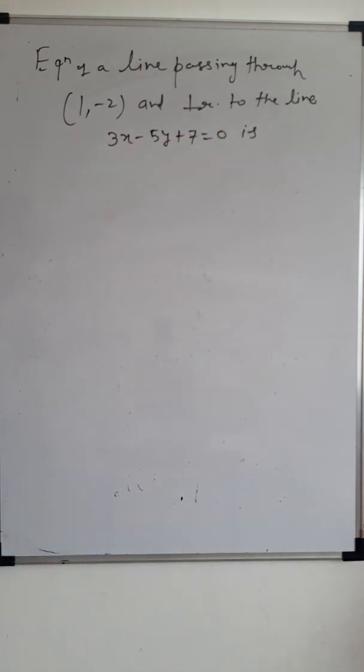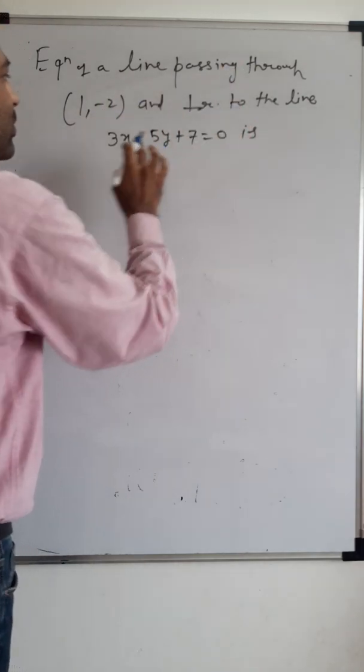Correct? So simple. Equation of a line passing through this point and perpendicular to this line.